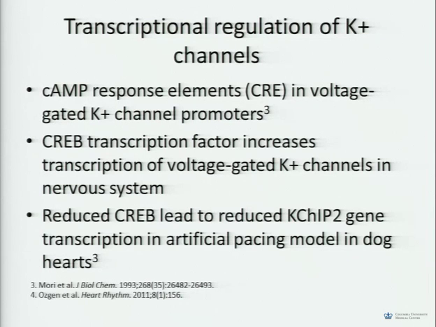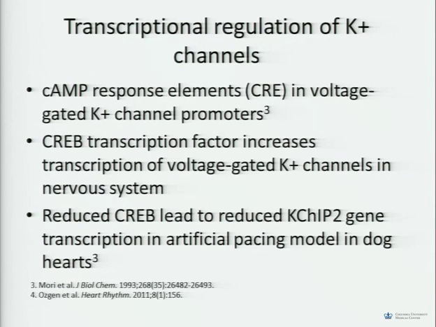So obviously, potassium channels are very important to nervous system function because you need to repolarize cells, and this is appreciated in the nervous system. The function of CREB was appreciated in the nervous system, but not in the cardiac system.